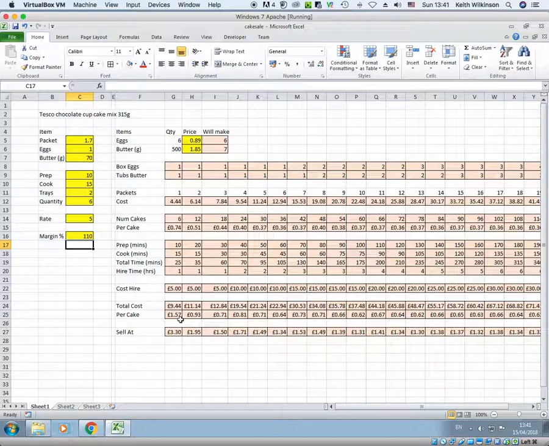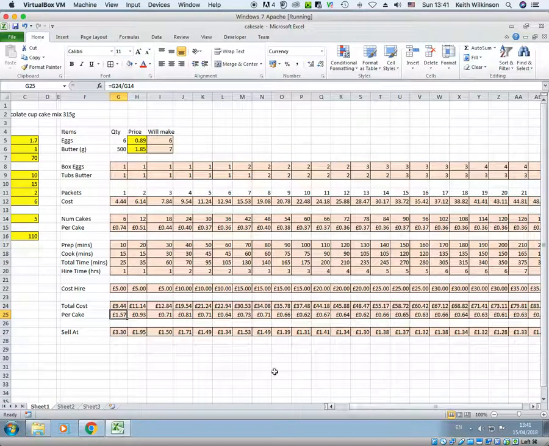Okay, as you can see, if it costs £1.57 to make a cake, and I want to make 110%, so that is another £1.57 plus another 16p on top, that comes to £3.30 per cake. But there is no chance of me finding a value in here for £1.